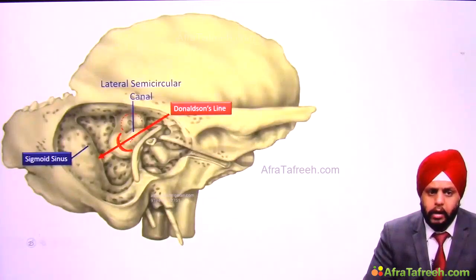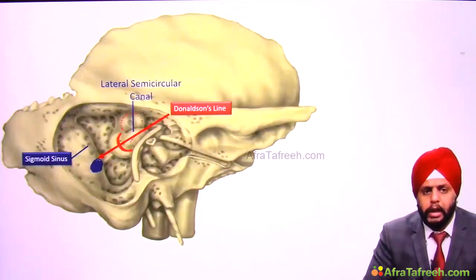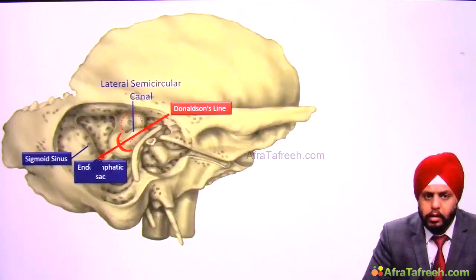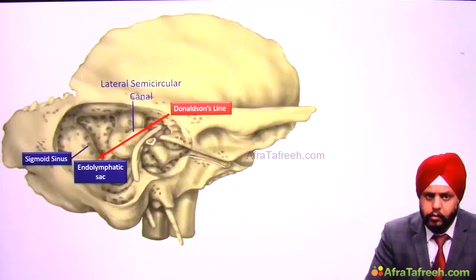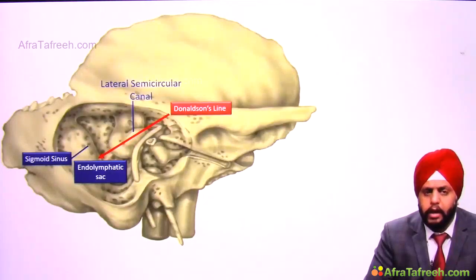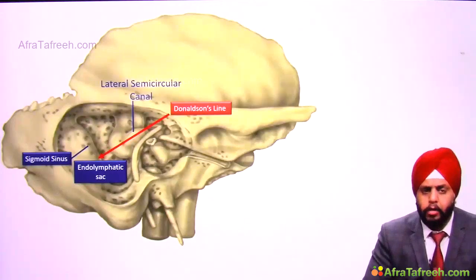And just where this line meets the sigmoid sinus, just below that point, we have our endolymphatic sac. Alright, so where is the endolymphatic sac?